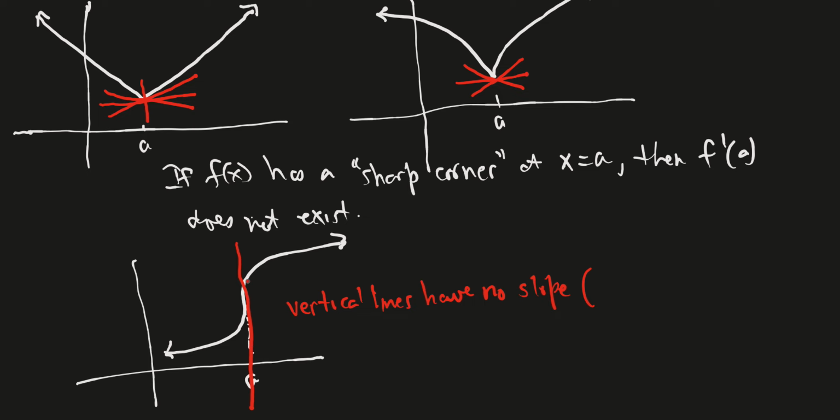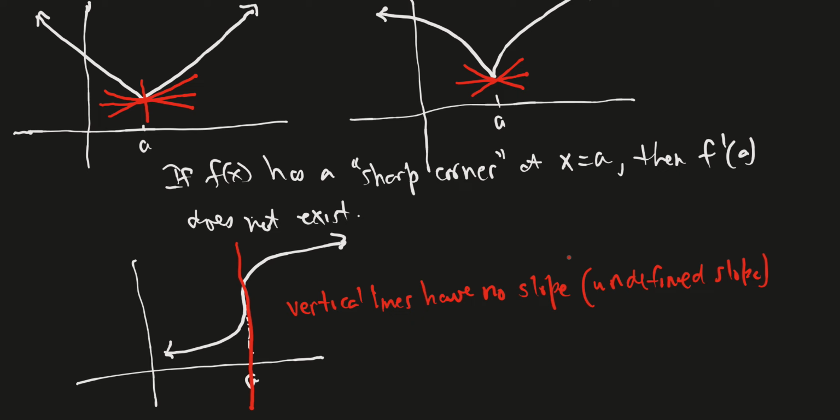So you'd have some number in the numerator, and then you'd be dividing by 0. So you could say no slope or an infinite slope, but what it is, is an undefined slope. Right? And because the slope is undefined, then again you would have a problem trying to use your limit definition.